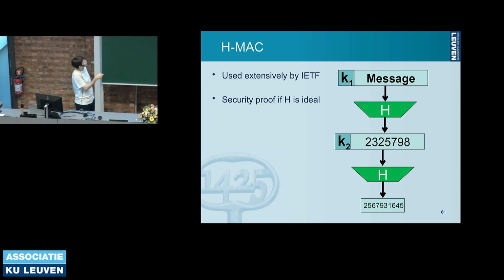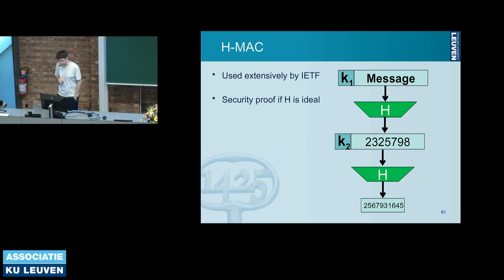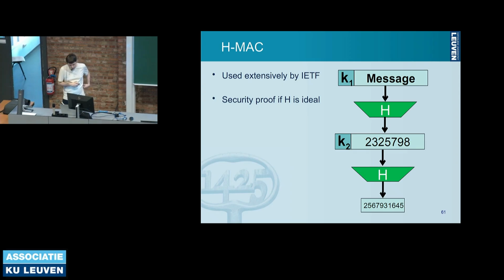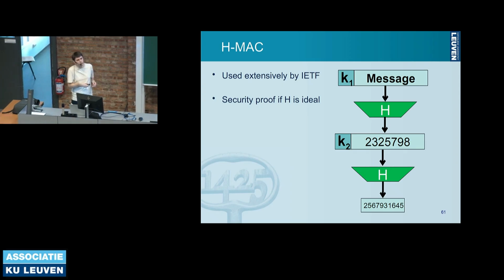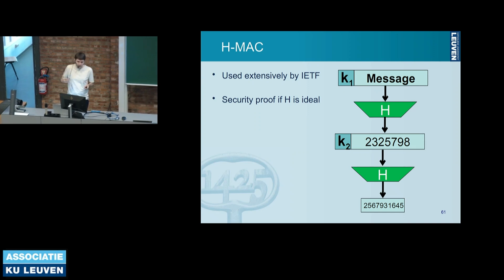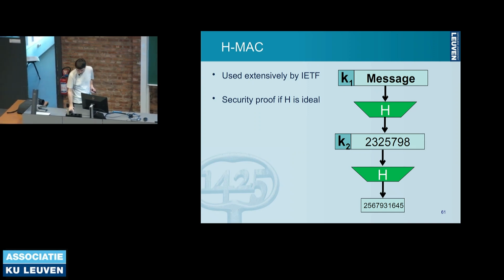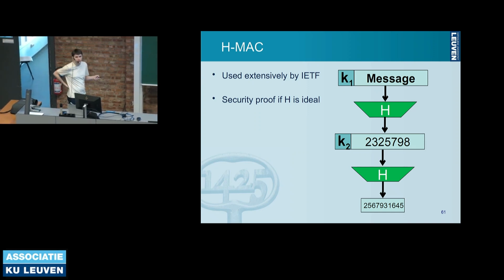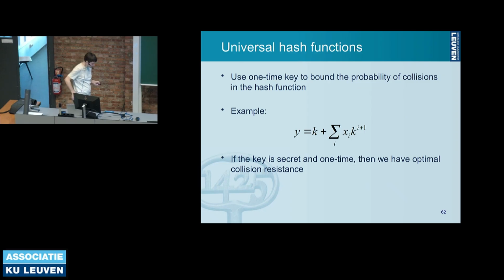In the first step, you prepend the first key and hash it, and then you take the digest, prepend the second key, and hash it again. That was intended to prevent this issue. You can show that if you use an ideal hash function, then this is a secure MAC. But of course, it's a big assumption that we have an ideal hash function.